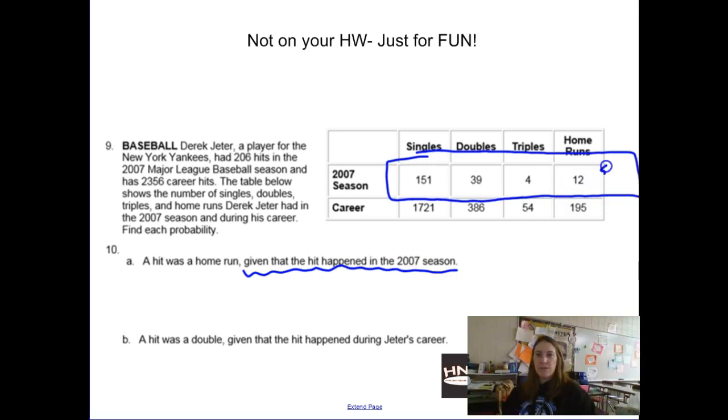So first thing I noticed, since I don't have total, I should probably total these up, right? Oh, for Pete's sake. I have a calculator, guys. So whatever this number is, I'm going to need it. And then the question is, what's the probability that he hit a home run? So boom, 12 home runs out of whatever this total is, that number goes down in the denominator.